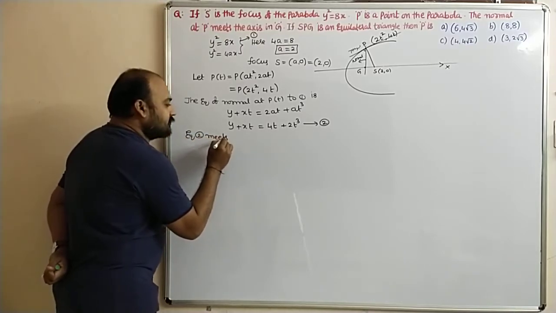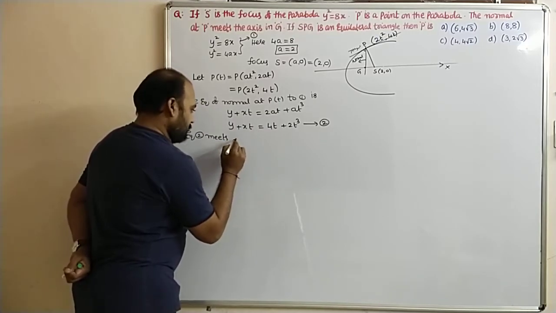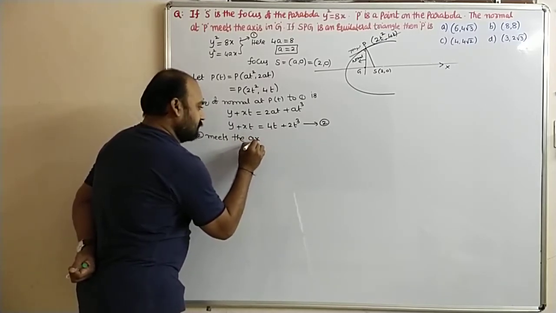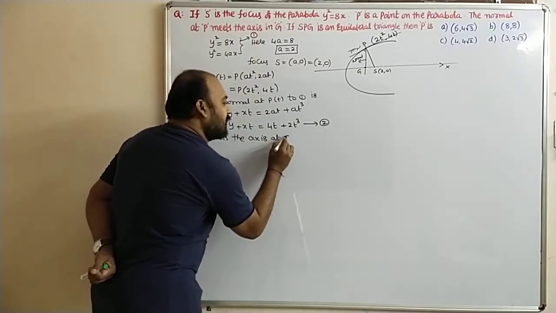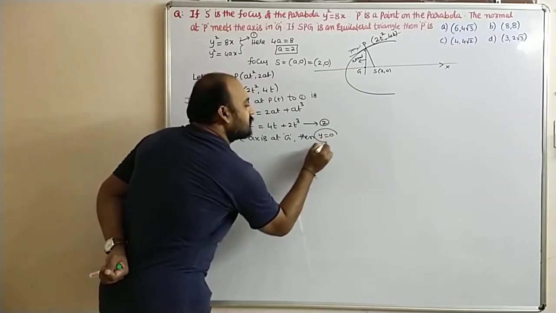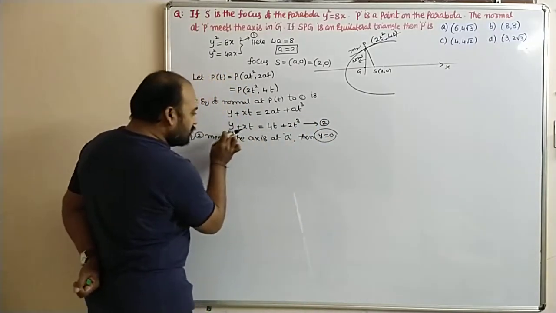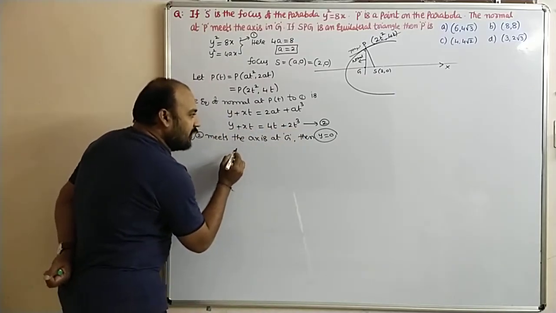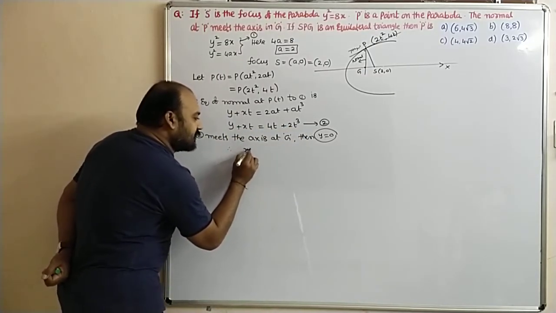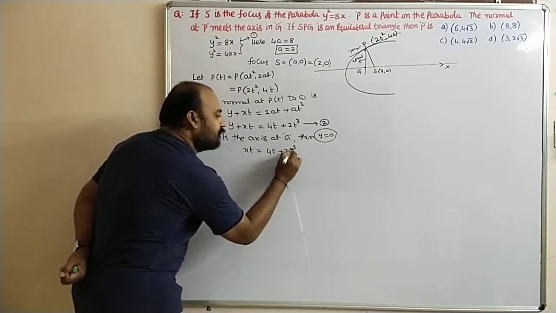Equation 2 meets the x-axis at G. Then the y coordinate is 0. Why? Because on the x-axis, the y coordinate is 0. Y is equal to 0, substitute in this equation, we will get xt equal to 4t plus 2t cube.